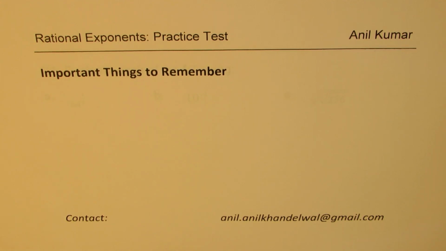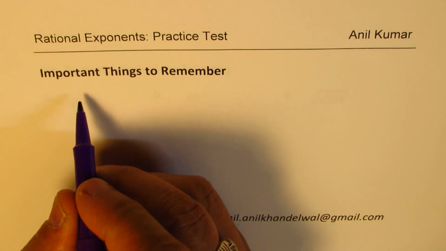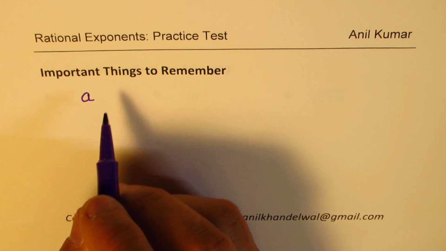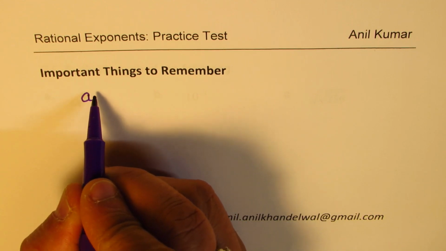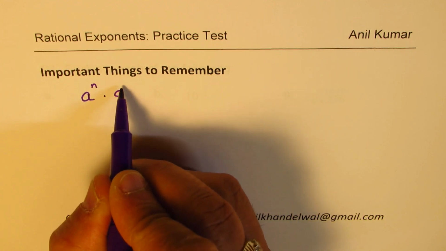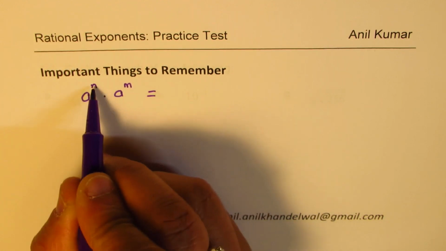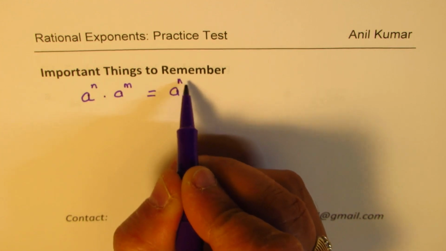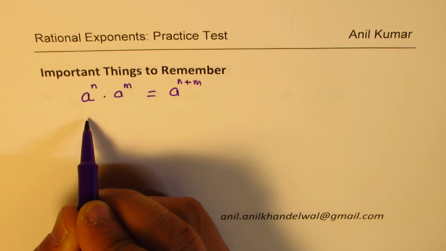Here are a few important things to remember. In general, when we are talking about exponents, if we have a to the power of n multiplied by a to the power of m, then the exponents add up if they have the same base, and it becomes n plus m.